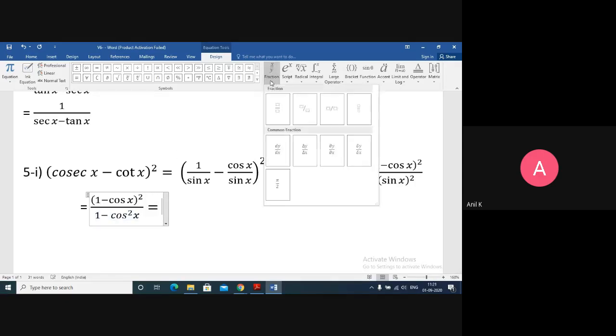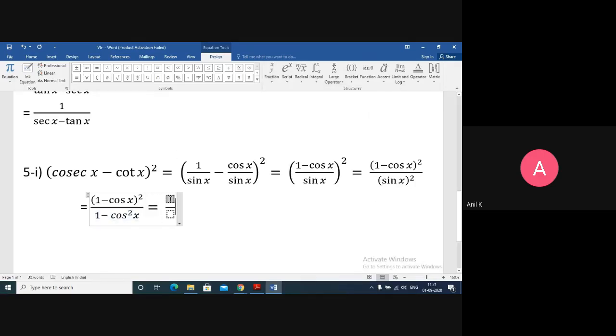Now we are almost done. In the numerator we have a square. If I take a as 1 minus cos x, it will be a square, so you can write a square as a into a.